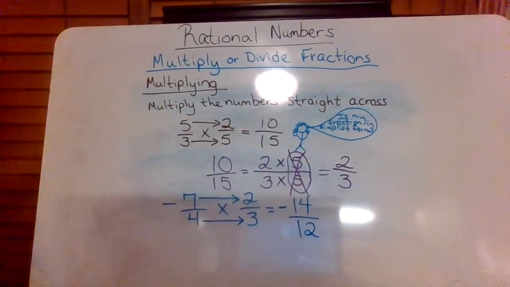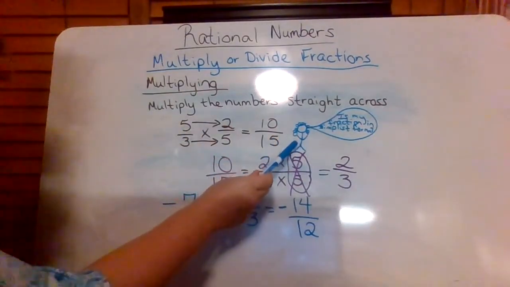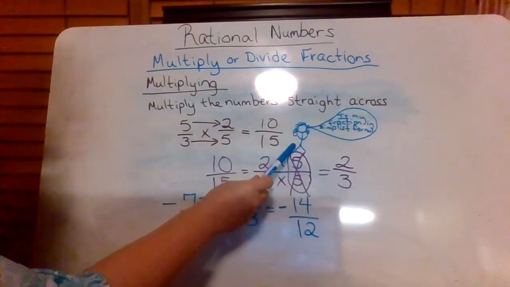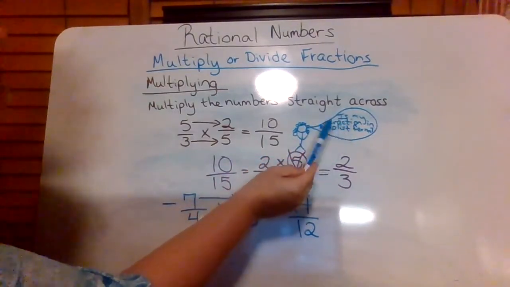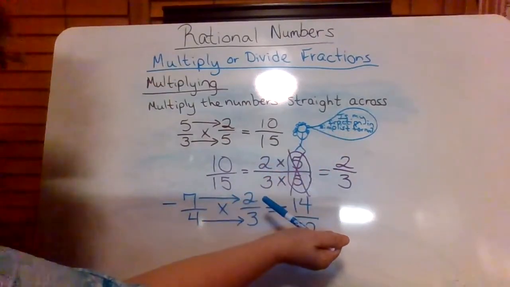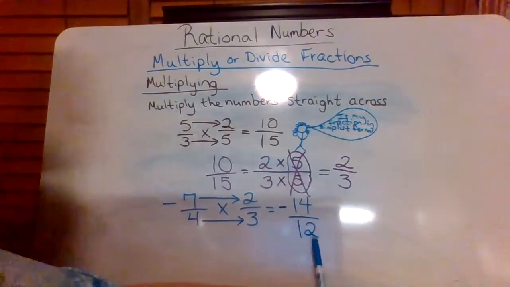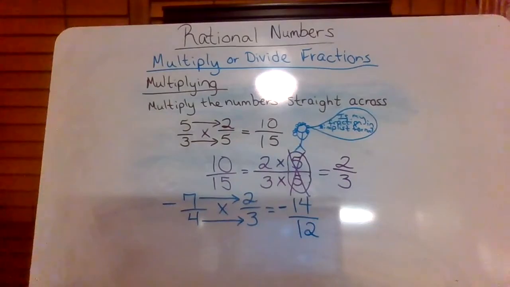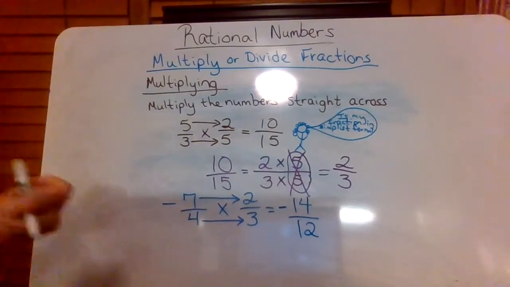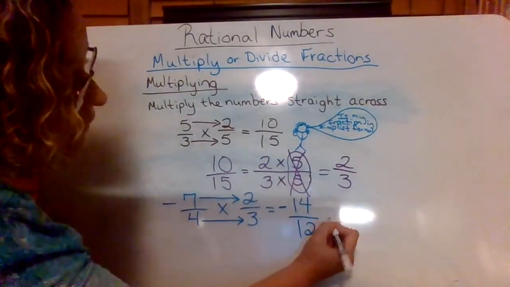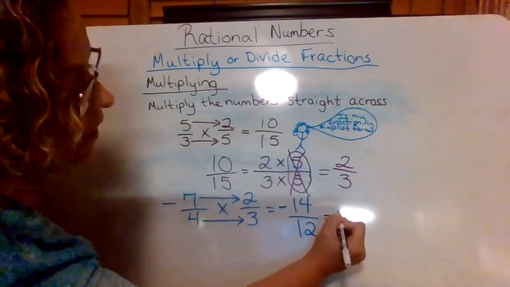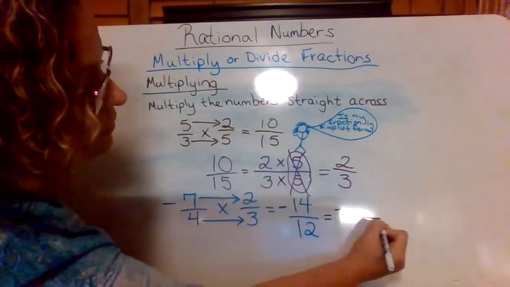Now, think back to my little person. Think about my person over here. Is my fraction in simplest form? If I look at this, some of you can automatically say, no, Miss Long, it's not. And you'd be right. And you can probably tell me what it reduces to. Some of you, you're like, I don't know, Miss Long. Well, that's fine. Break it down.